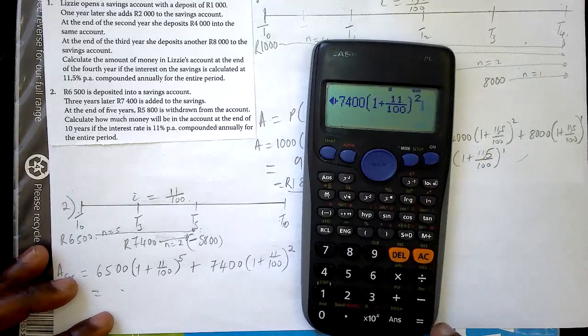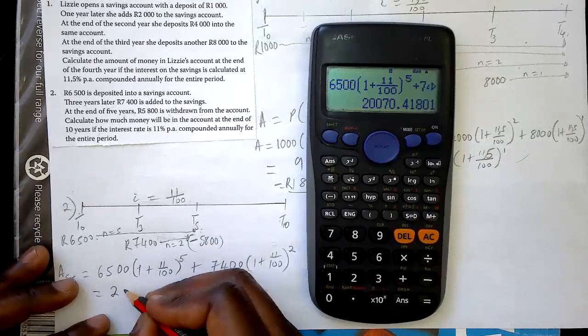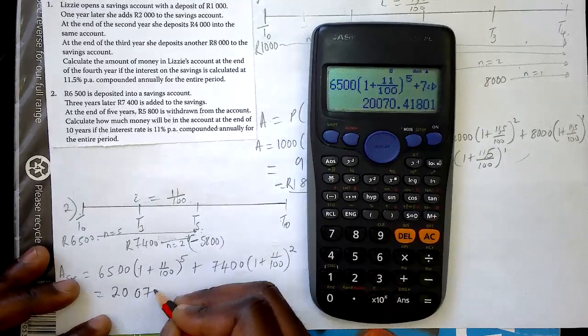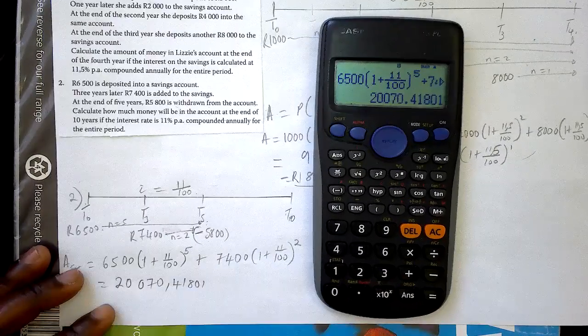What do we get there? We get 20,070.41801.